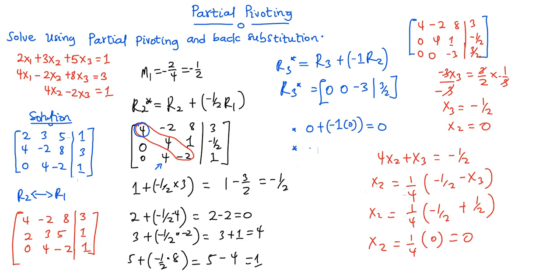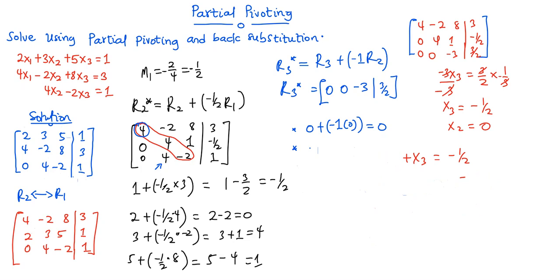Alright, so now let's find x1. For x1, you're going to consider row 1. So for that one we are going to have 4x1 minus 2x2 plus 8x3, and that will be equal to 3, right? So let's do the substitution. We're going to have 4x1 minus 2 multiplying 0, plus 8 multiplying minus half, and this will be equal to 3.